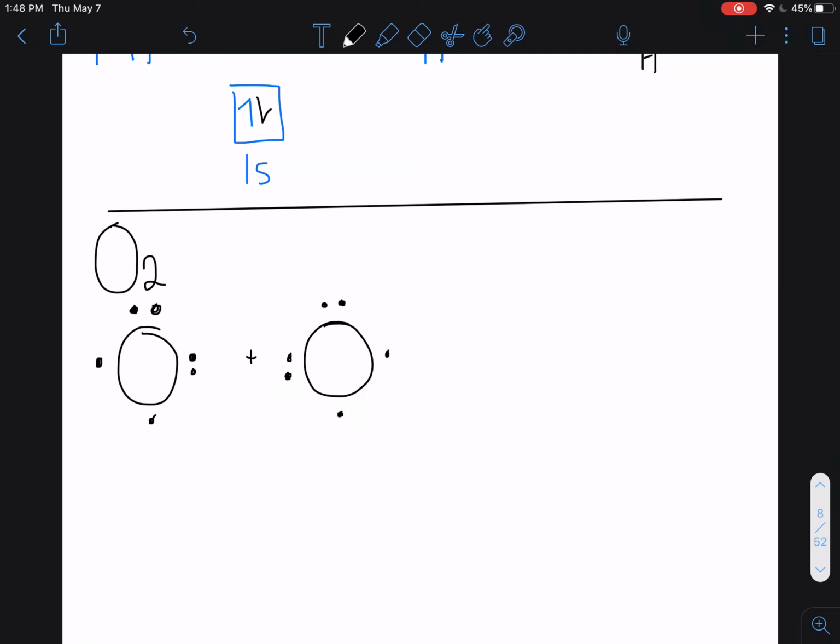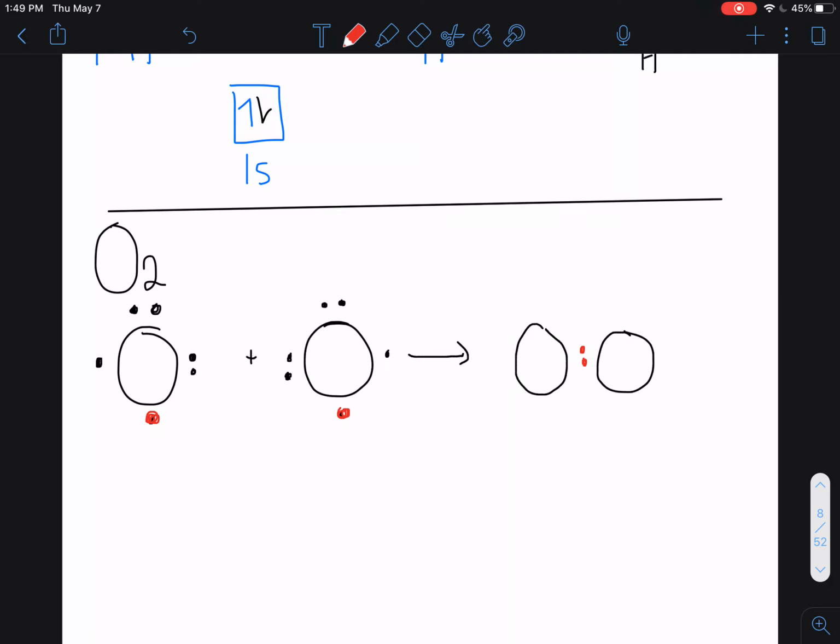All right. So then what we're going to do, we already know that O2 is going to bond, right? So I'm going to put 1 here and 1 here. And then I'm going to take these 2 electrons, right? I'm going to put them right here. Okay.